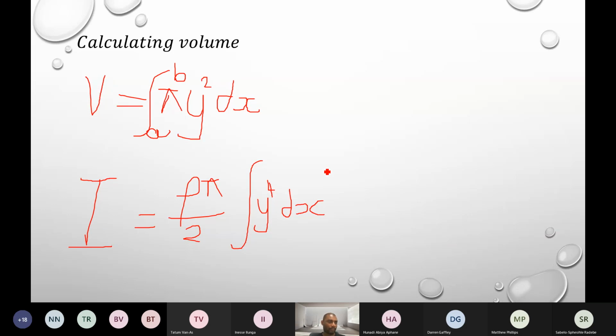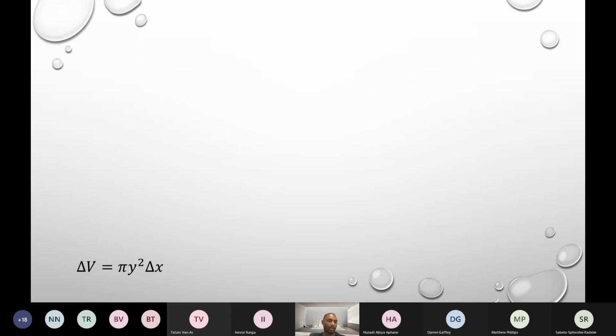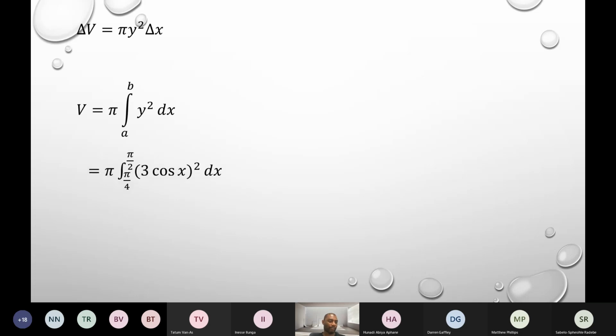So this is calculating volume. Sorry, this is the first part of calculating volume. It's pi y squared dx, and our y is 3 cos x. So it's 3 cos x, which is squared.